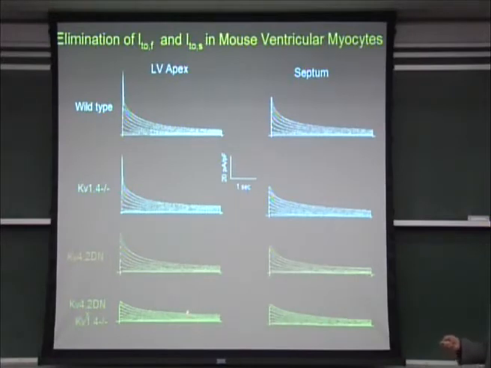So we've now eliminated the fast transient current and the slow transient current, both in the septum and in the apex. So that's actually quite interesting because it tells you that the remodeling of the potassium currents is a highly selective process. When we eliminate ITO fast, you get an upregulation of ITO slow. But if you eliminate both of them, you don't get any further remodeling.